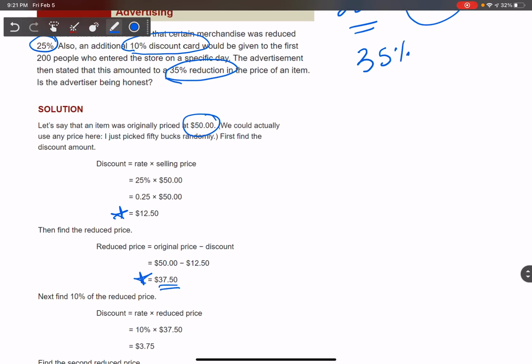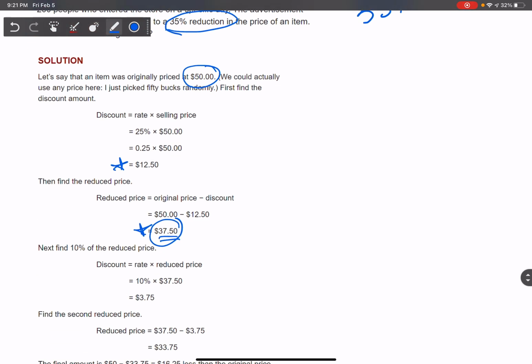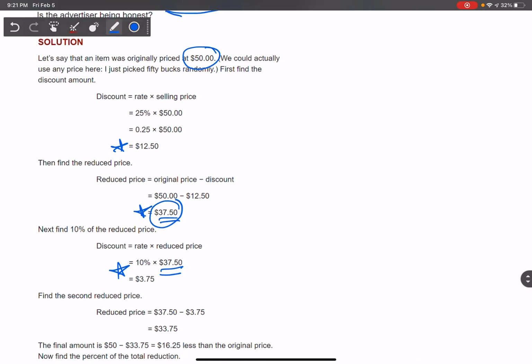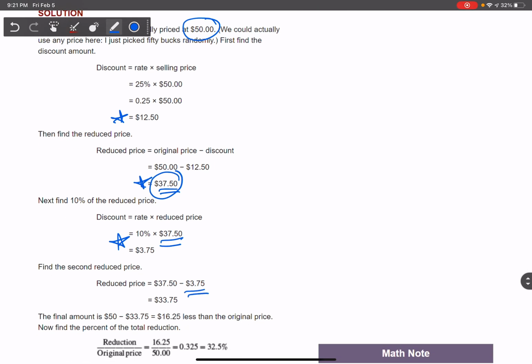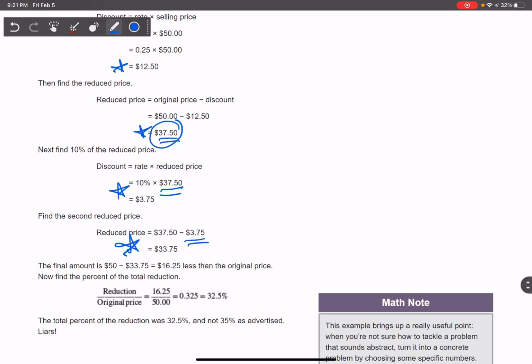So now we need 10% of this cost, which is $3.75. So now we take our 25% off and subtract our 10% off to give us a cost of $33.75. The final amount is 50 minus $33.75, which is $16.25 less than the original price.